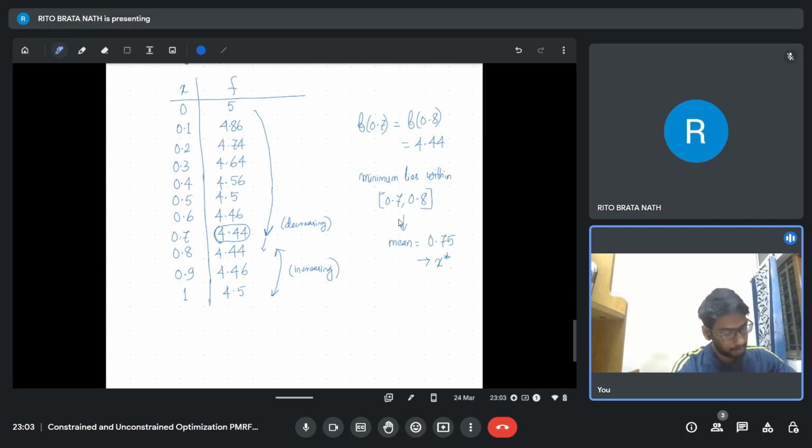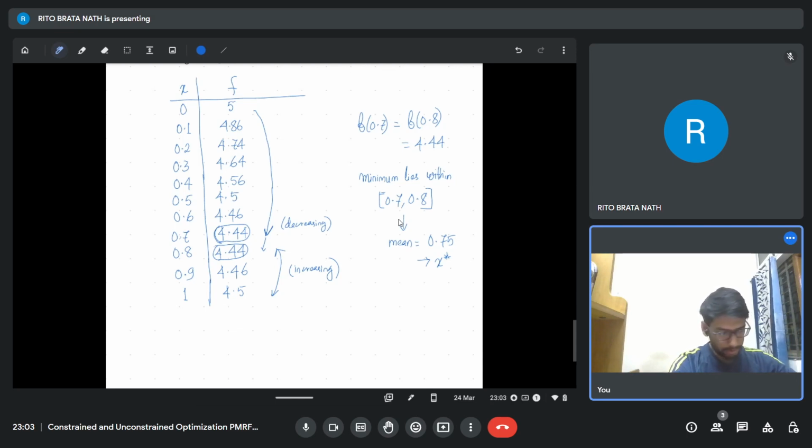You could also have picked the other one and said it lies between 0.7 and 0.9, but since we have two values exactly equal to each other, we can further shrink it and say it will definitely be within 0.7 and 0.8.